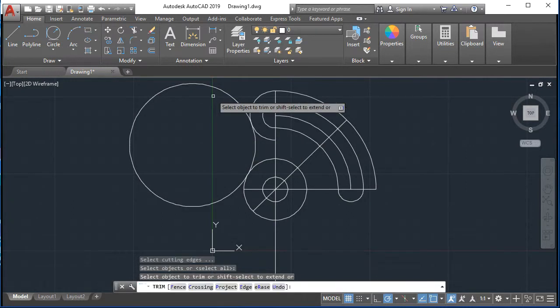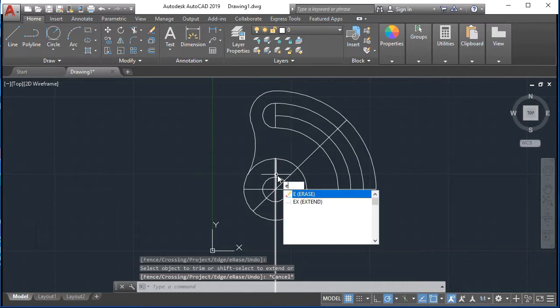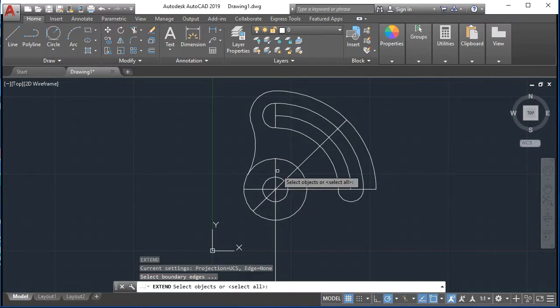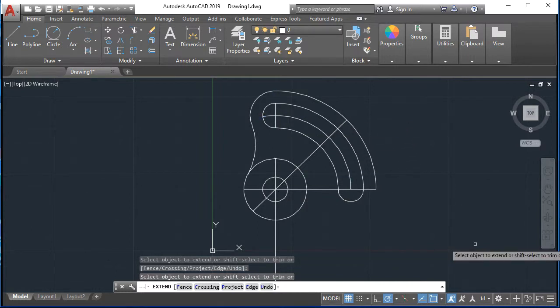I am taking the trim tool, removing the excess portions, and this portion, also this. Now I am taking the extend tool, enter, double enter, extend this, also this.